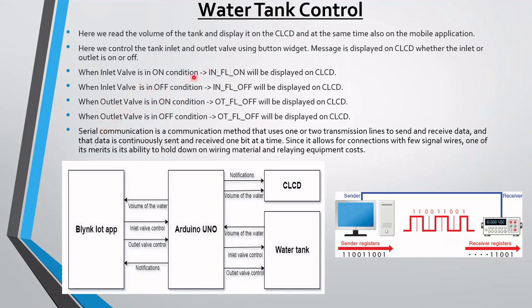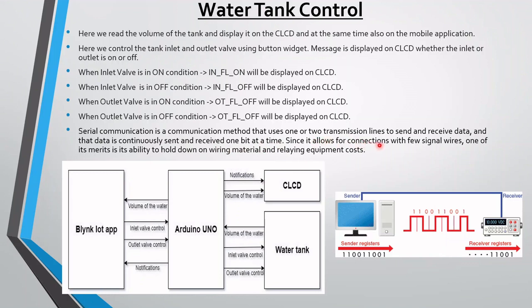This process takes place by serial communication. Serial communication is a communication method that uses one or two transmission lines to send and receive data, and that data is continuously sent and received one bit at a time.